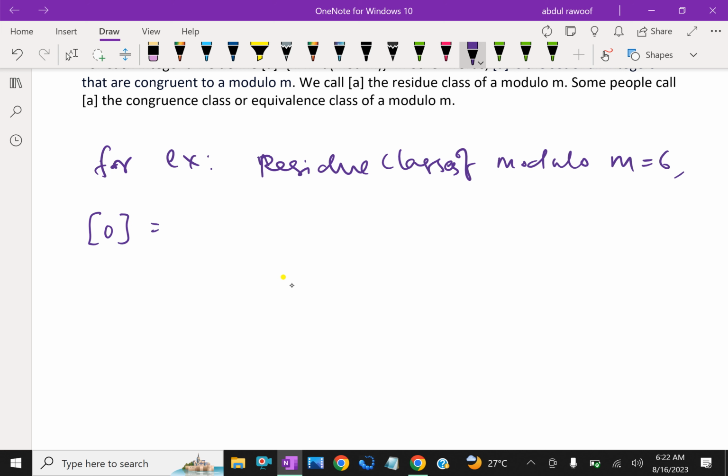That means if you divide these numbers by 6, we can get 0 remainder. So it's called the residue class of 0, this set of values.